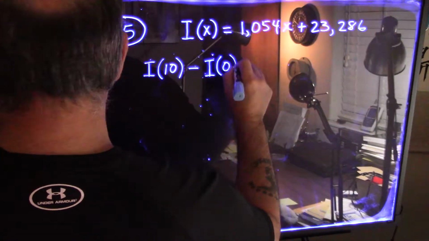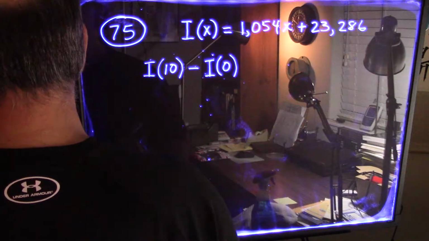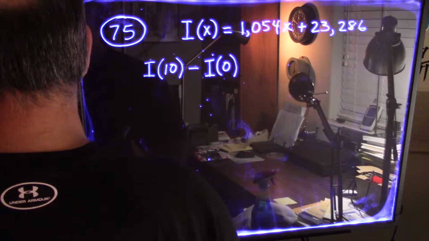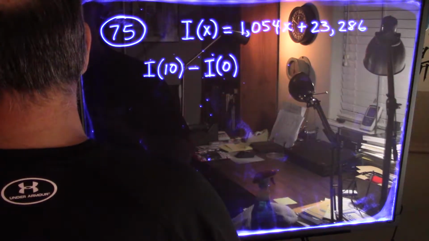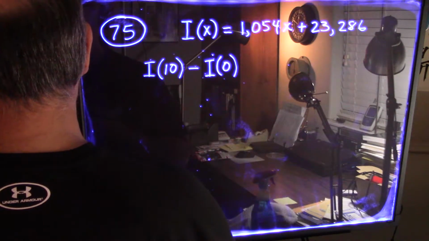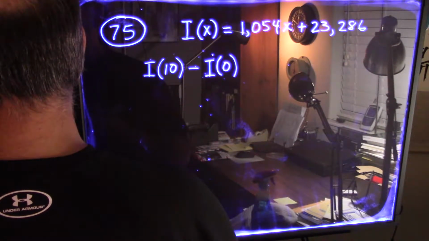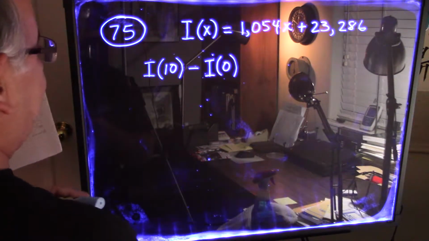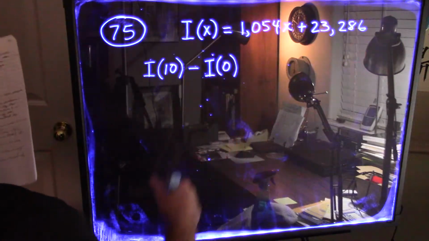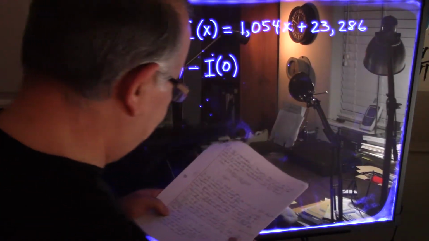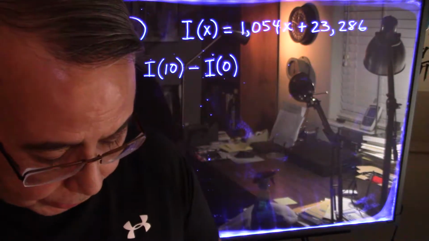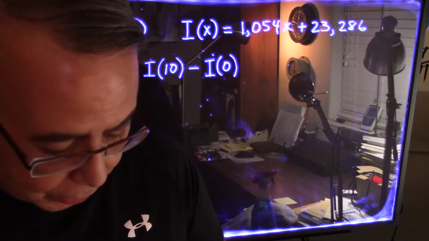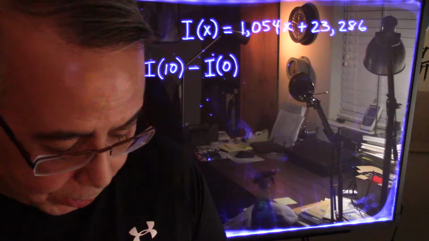That tells you the increase. If you plug those in and calculate, you'll get 10,540. So on choice B, the increase was 10,540.